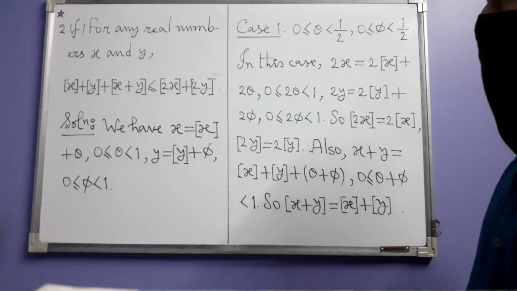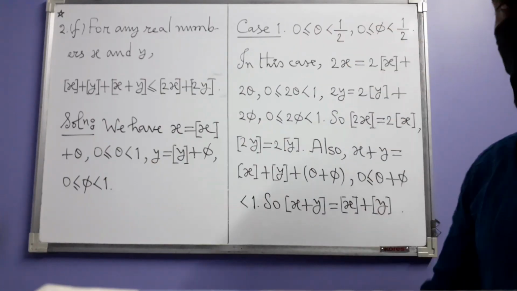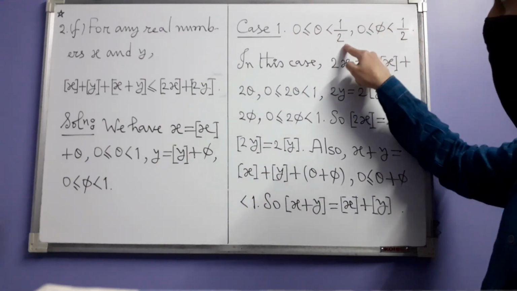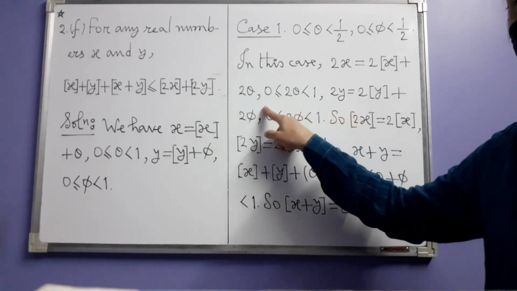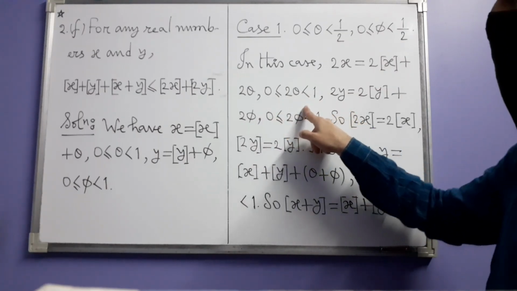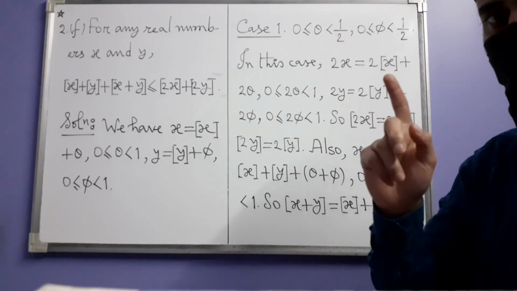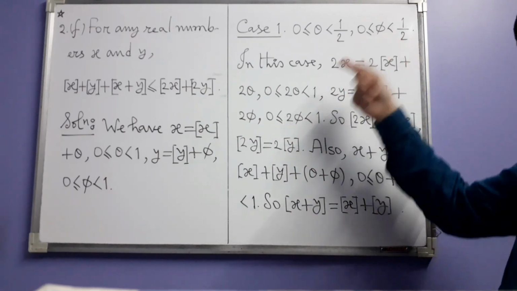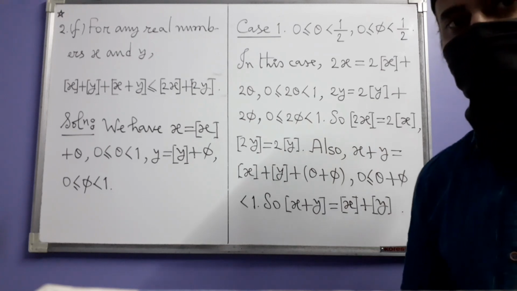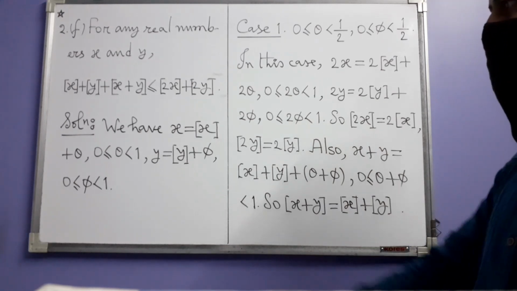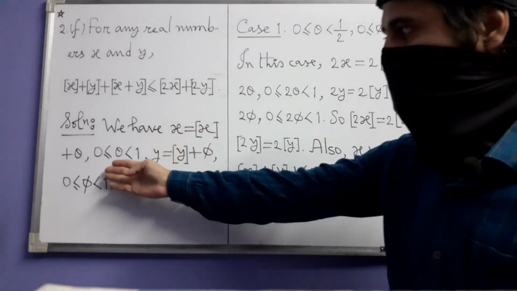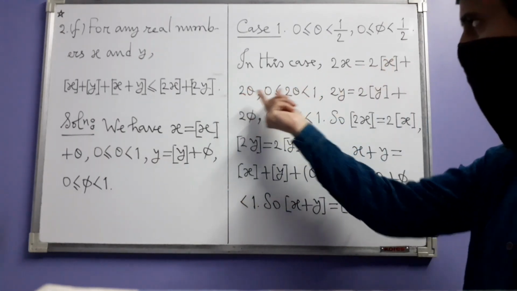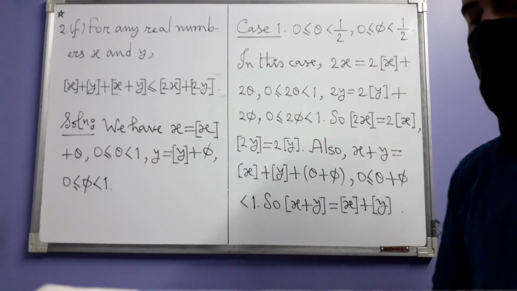But what's interesting is what we get from the inequalities. If we multiply throughout by 2, these become: 0 less than or equal to 2 theta less than 1, because 2 times 1 over 2 is 1, and we also get 0 less than or equal to 2 phi less than 1. So now you look at this equation and these inequalities and compare them with this equation and these inequalities.